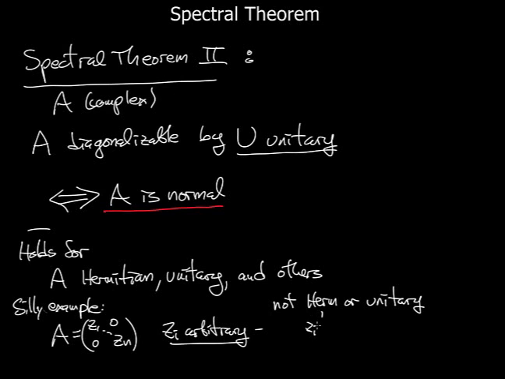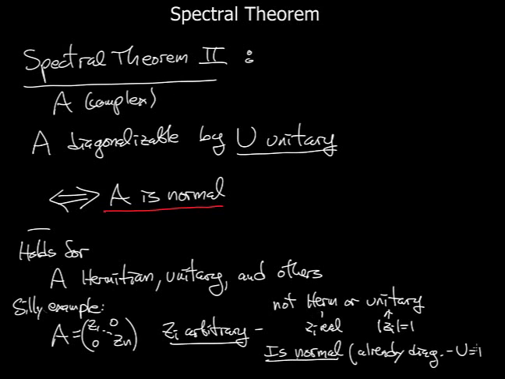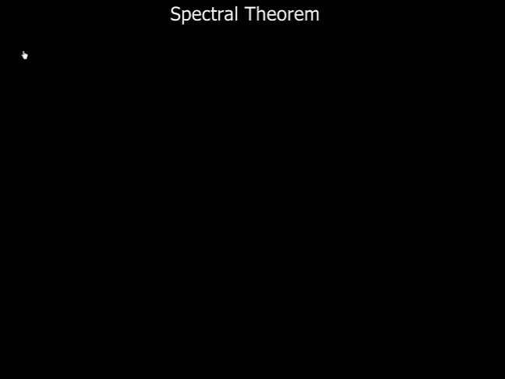In the case of Hermitian, they have to be real, and for it to be unitary, they have to have absolute value 1. But it's obviously normal because it's already diagonal. You can diagonalize it by using the matrix U equal to the identity, and it commutes with its transpose bar.